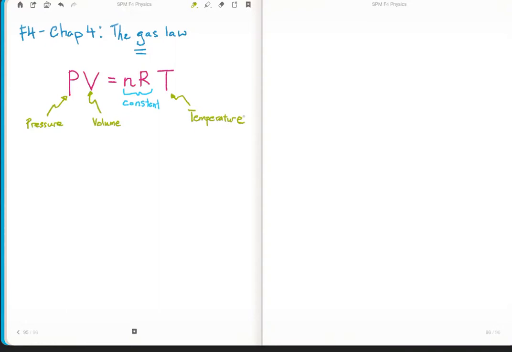So in short, not to say you ignore, but at least you know it's PVT. These are the three quantities that you need. Now why is that so?